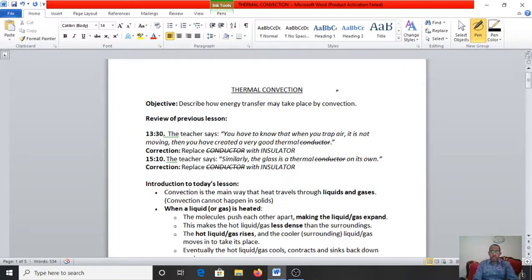In that lesson, we discussed a lot of things: how thermoconduction takes place, why thermoconduction is common in solids. We also discussed why metals are better thermoconductors than non-metals.